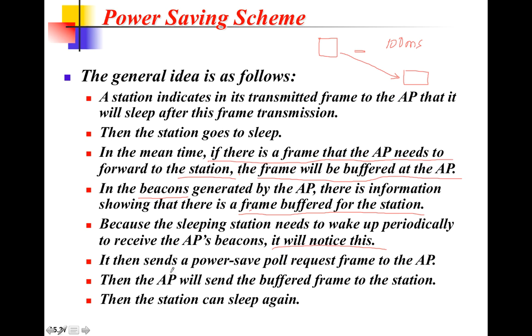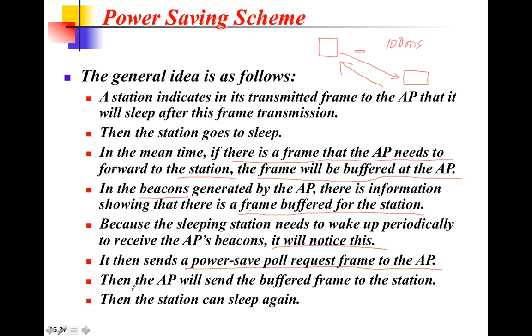And then it sends a PowerSave pull request frame to the access point. So the mobile will now communicate to the access point saying, I need the frame now. Can you please send it to me? The name of this message is PowerSave pull request, because this mobile is polling the access point for information.